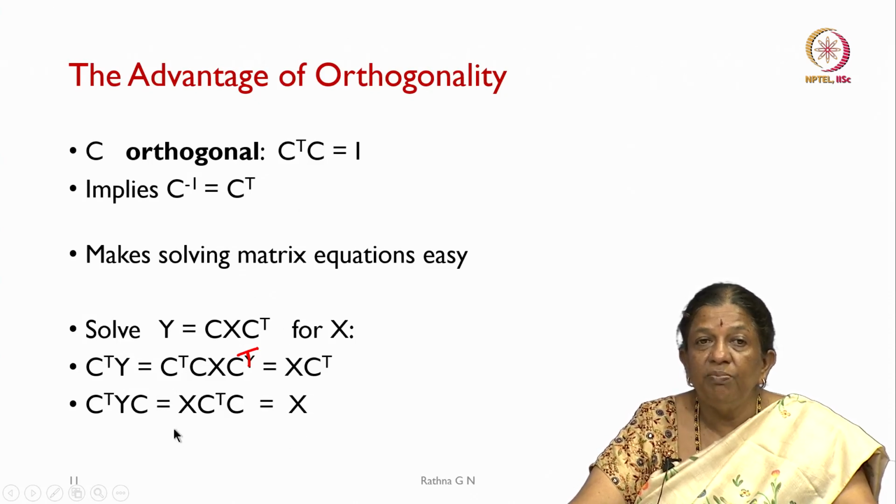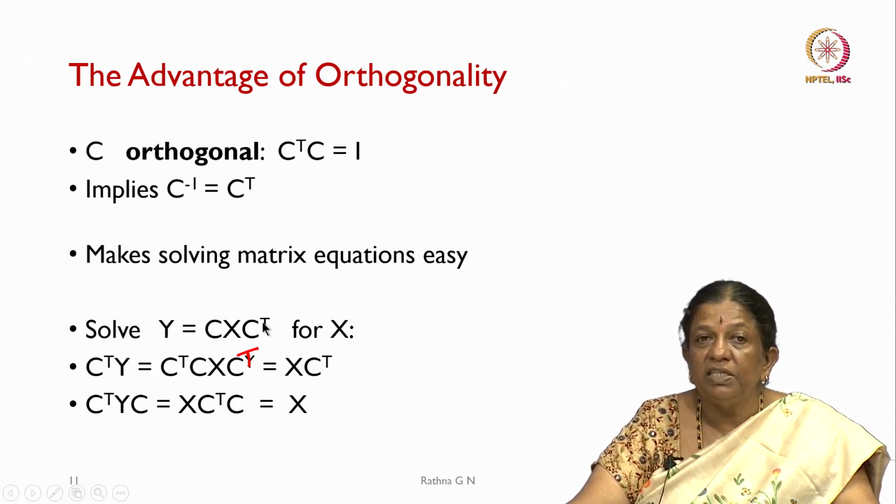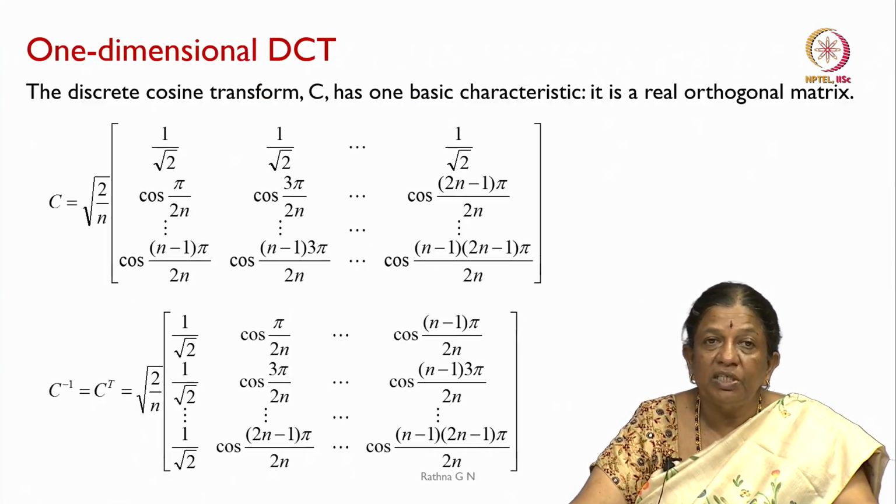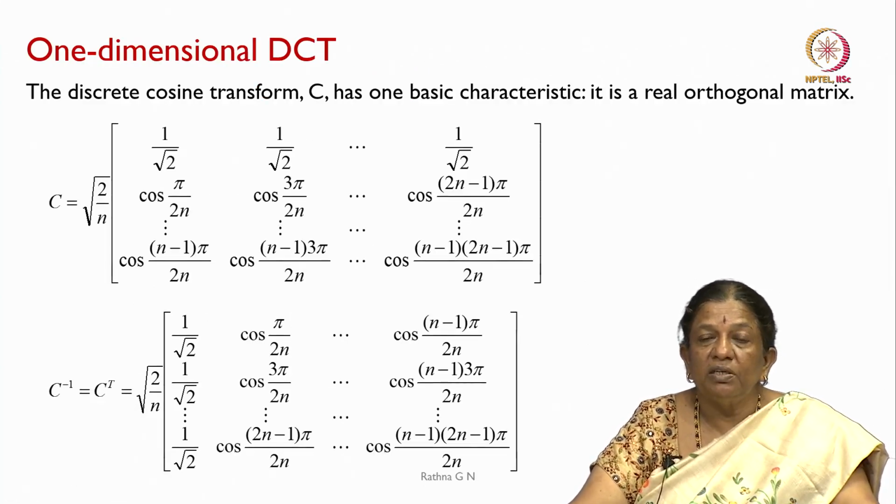X is C transpose Y into C, whereas the original Y is nothing but C X into C transpose. So this helps in computation, that is, both synthesis and analysis equations become easy for us to compute.